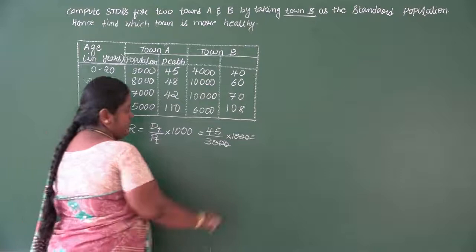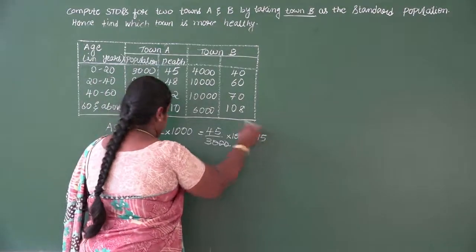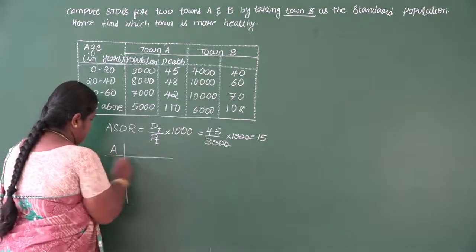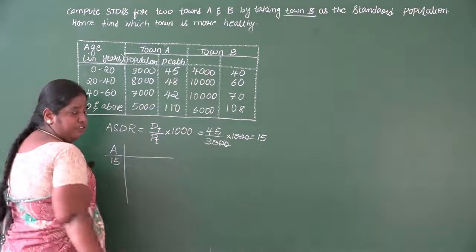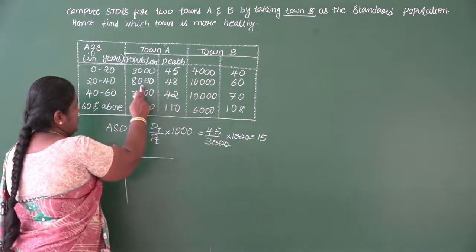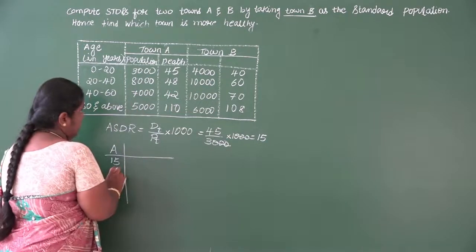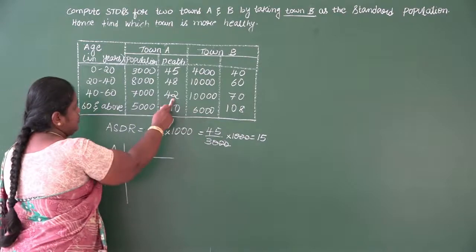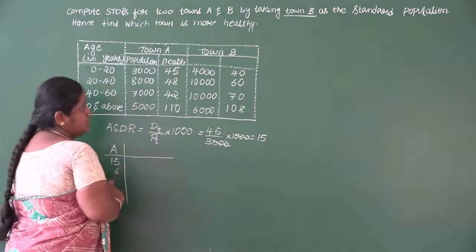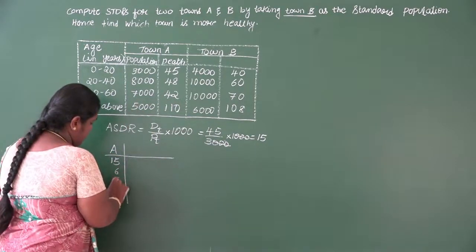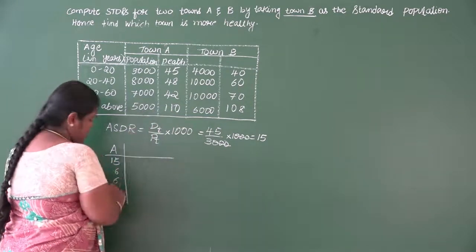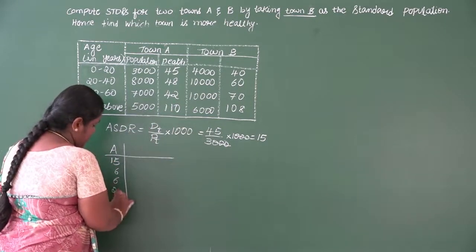Then 45 divided by 3, it is 15. So make the column as A, and that first value is 15. The next, 48 divided by 8,000 into 1000, it is 6. Then 42 divided by 7,000 into 1000, again it is 6. 110 divided by 5,000 into 1000, it is 22.